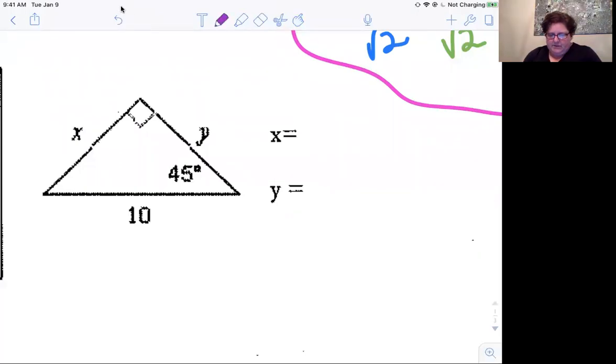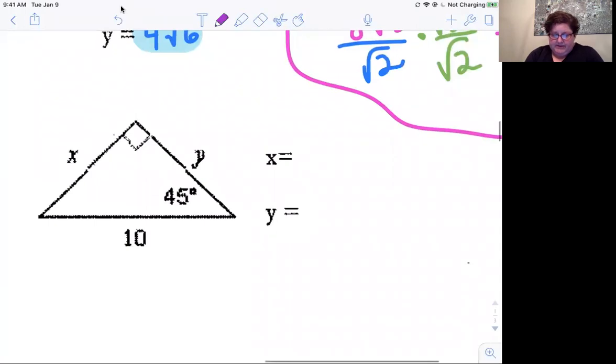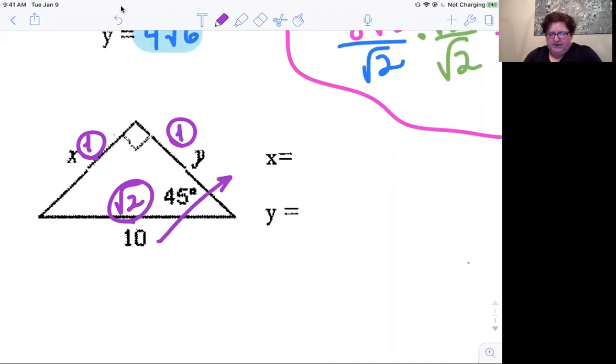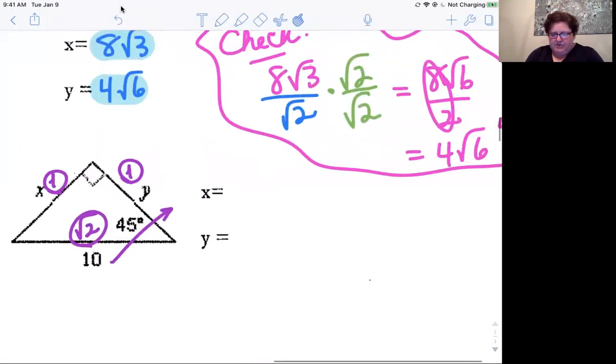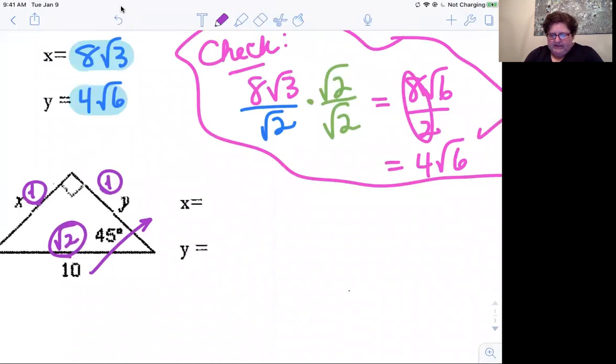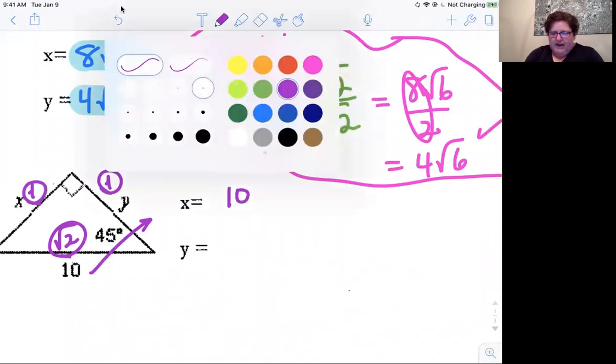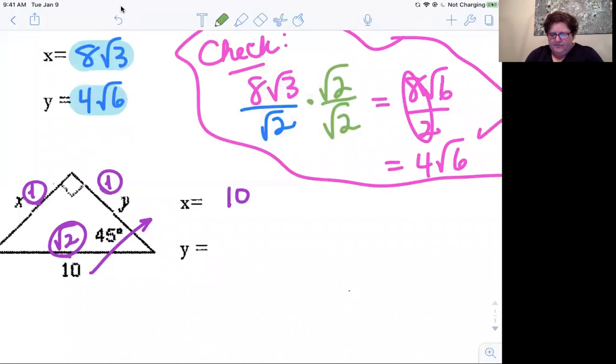Okay, so for this one, our hypotenuse is 10. So we've got a 1, and a root 2. So again, to go from the hypotenuse to a smaller leg, because the legs are always shorter than the hypotenuse, we'll take the 10 and we'll divide out a square root of 2. Okay, we're cutting it by root 2.